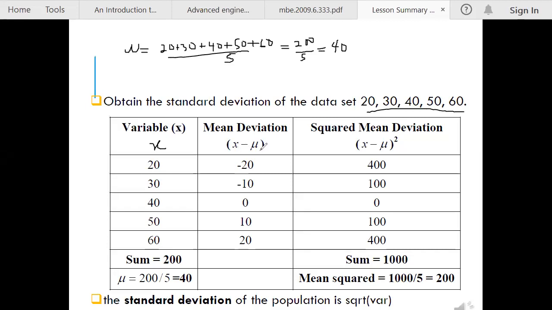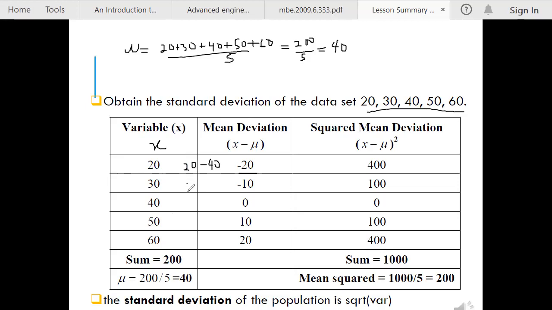You bring the same data here, that is why we have 20, 30, 40, 50, 60. Then you do this calculation, x minus the mean. So 20 minus 40 will give you negative 20.